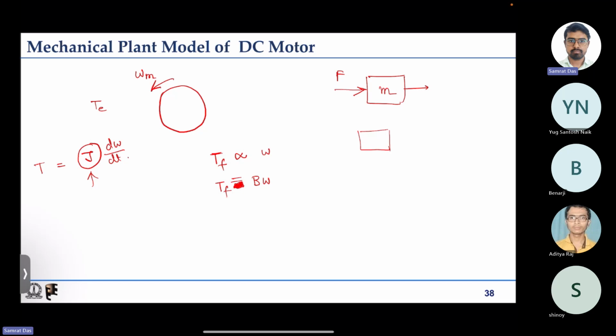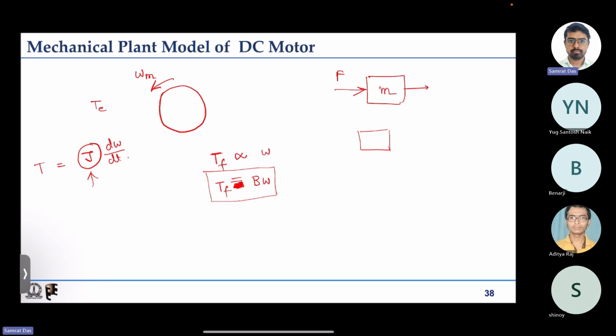It may not hold for some other types of systems where frictional torque can also be nonlinear, but for most mechanical systems, low speed systems, this relationship holds good. So the frictional component of torque is proportional to speed, and the proportionality constant B is known as the frictional coefficient.